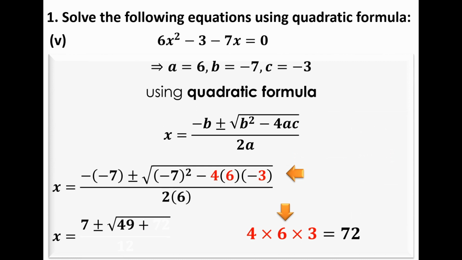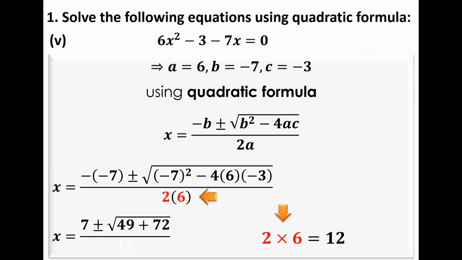Here, 4, 6 and 3 are multiplied. Become 72. Whole divided by 2 is multiplied with 6. Becomes 12. This last value will be taken to the next page.